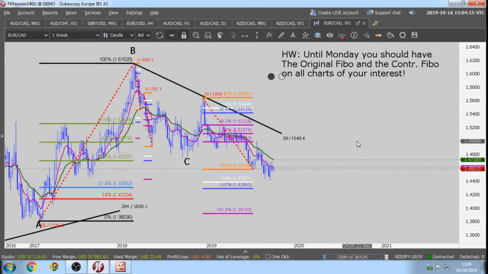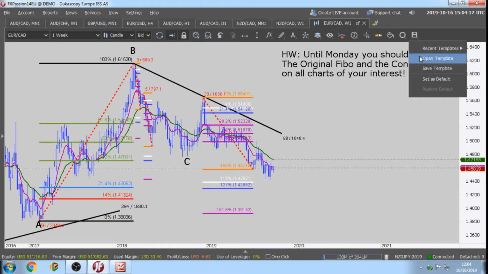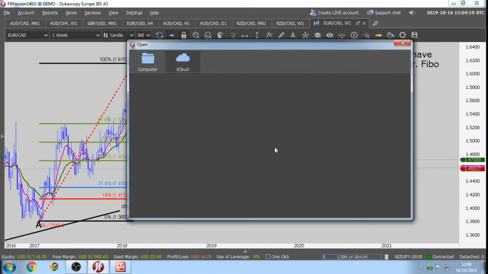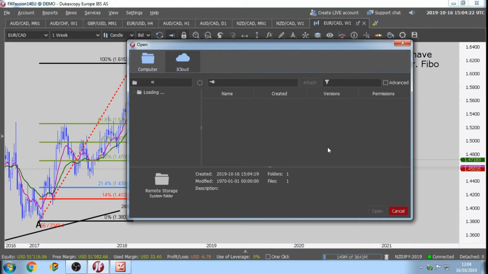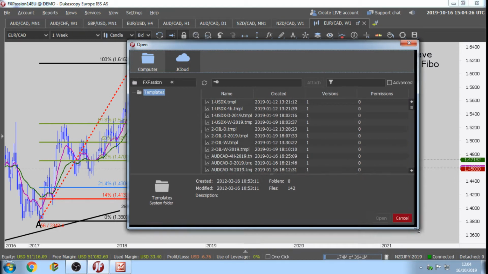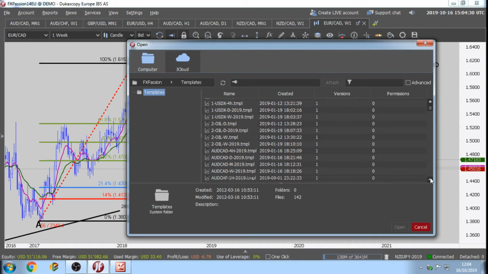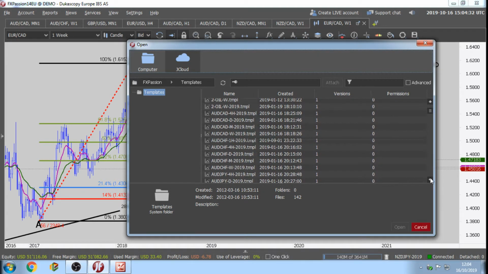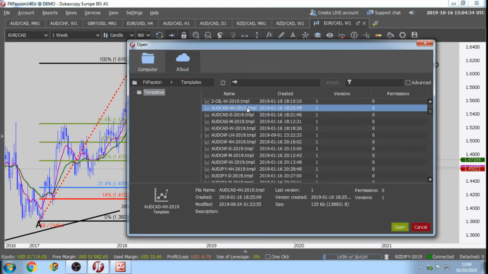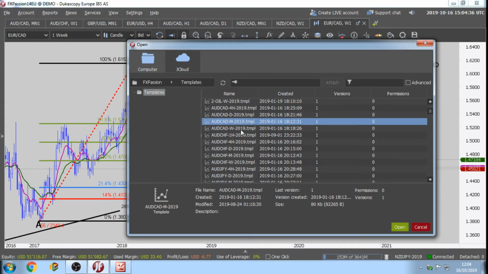Until Monday you should have, look here everybody, I'm going to open the template from the JCloud or computer. Look here, US dollar index charts, oil charts, and then the currency pairs. AUD CAD 4-hour chart, daily chart, monthly chart, weekly chart.